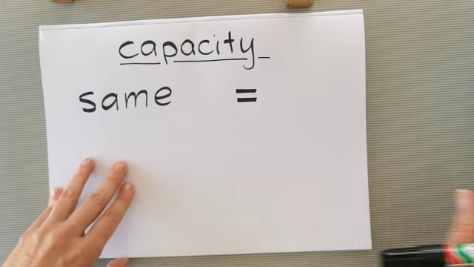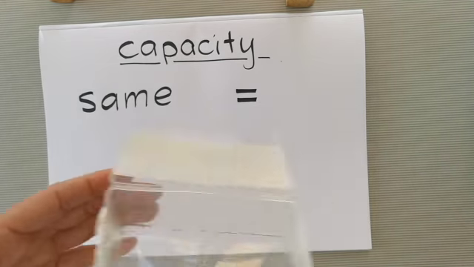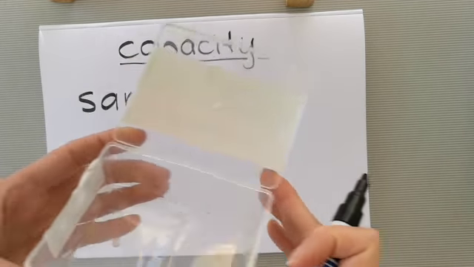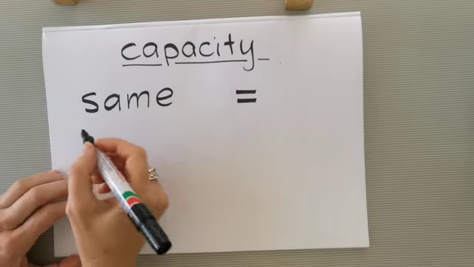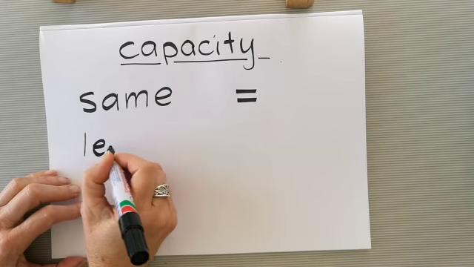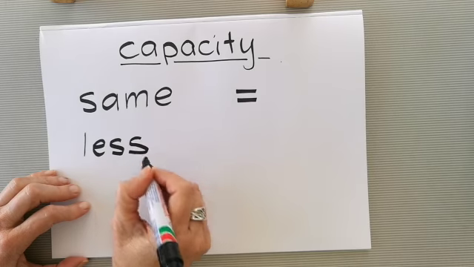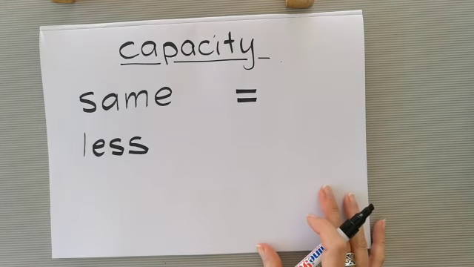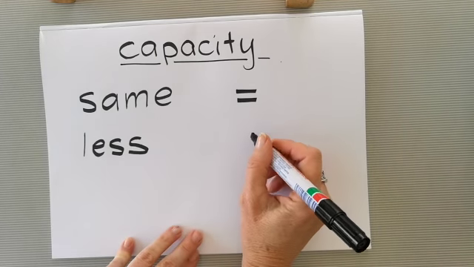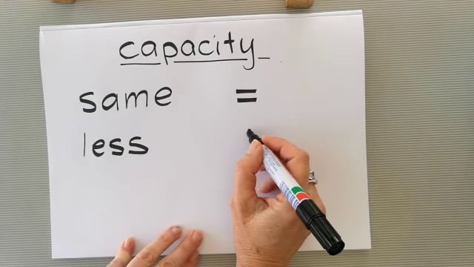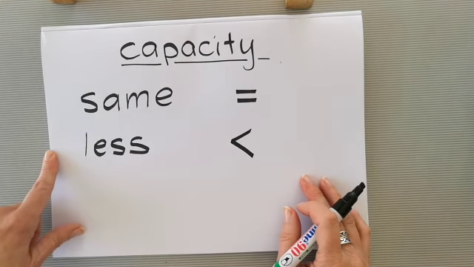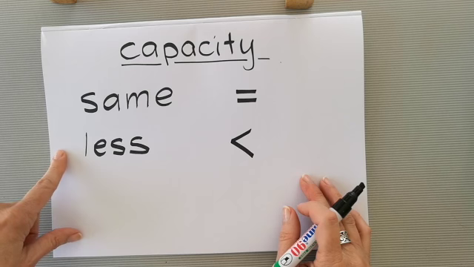And now, if we were to explain that this container had a less capacity, we would write the word less. Now, is there a symbol for less? Do you remember? There is, isn't there? It's like an arrow without the line. It's the point, and it goes in this direction, going down a number line, back to 0 and beyond.